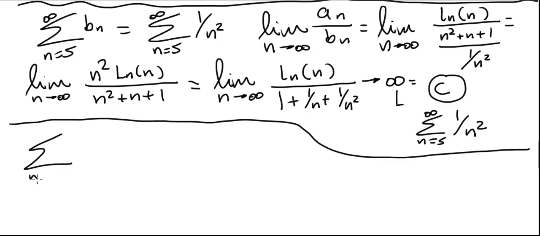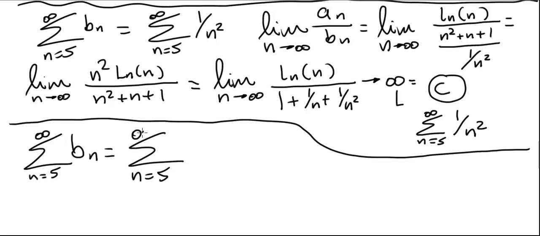So we'll try the summation from n equals 5 to infinity of b sub n to be 1 divided by n to the 3/2 power.